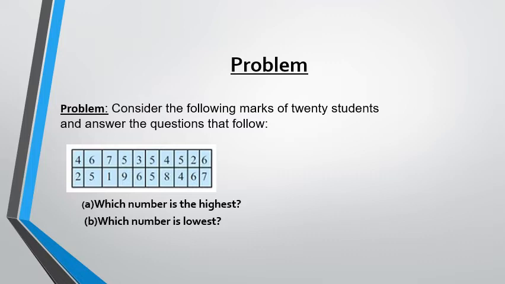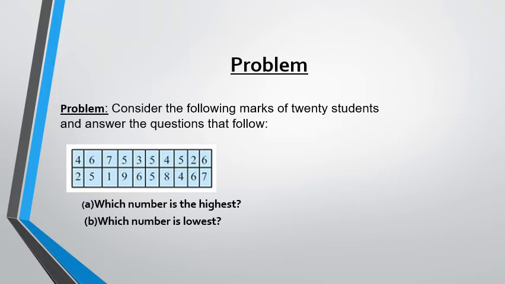So I'll just read out the marks: 4, 6, 7, 5, 3, 5, 4, 5, 2, 6, 2, 5, 1, 9, 6, 5, 8, 4, 6 and 7. That means these 20 students had appeared in a test out of 10.